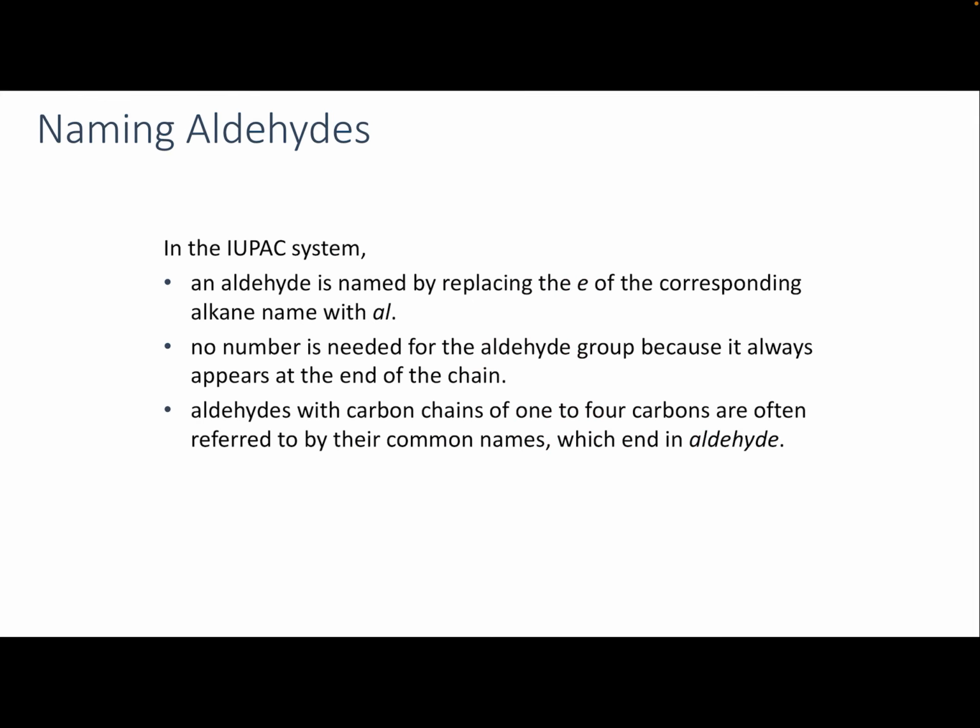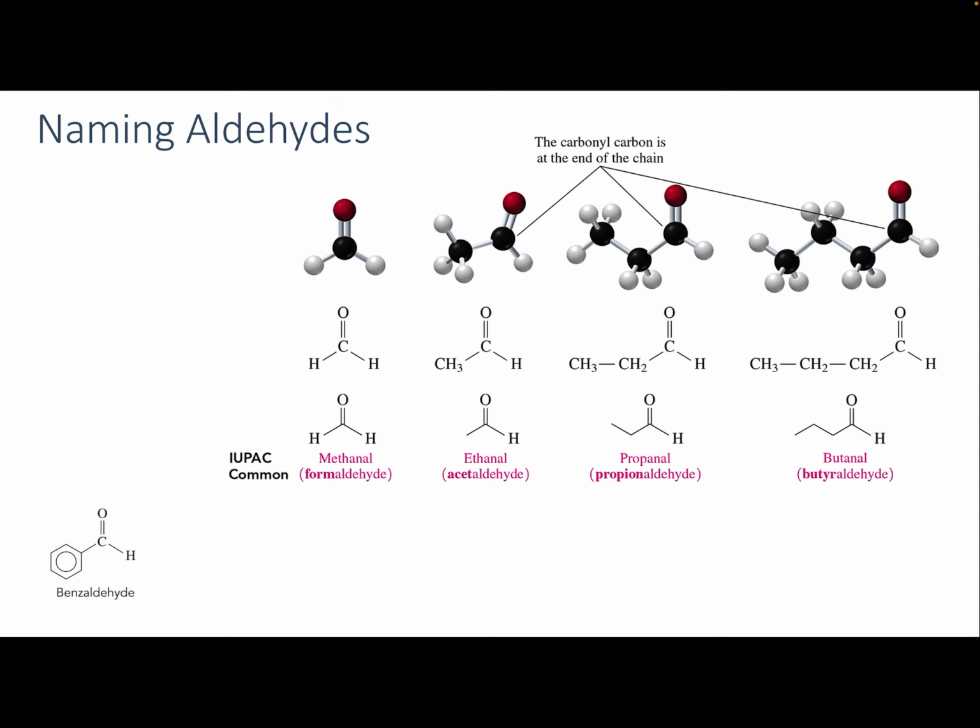In the IUPAC system, I mentioned before, aldehydes are going to get the al ending. We don't need to specify a number for the aldehyde because it's always on the end of a chain and it'll always be the number 1. And then with less than 5 carbons, 1 to 4 carbons, we can use common names, which will end in the word aldehyde.